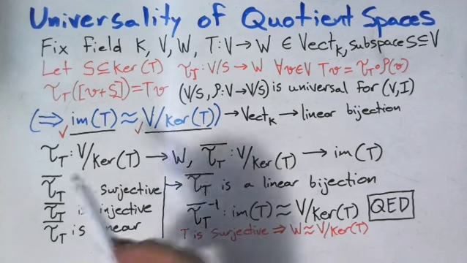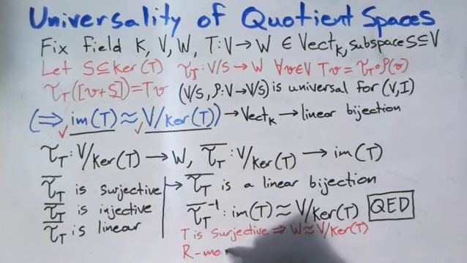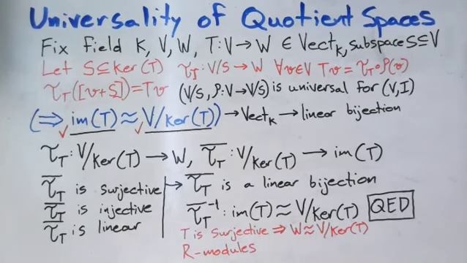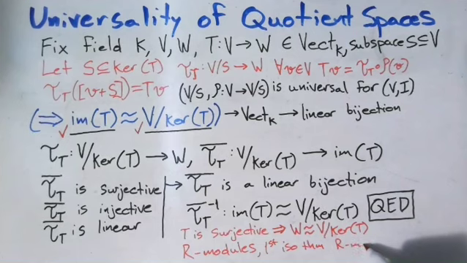And so this whole discussion actually applies equally as well to R modules, the universality of the quotient module, and the first isomorphism theorem for R modules. So that's a nice generalization that we get for free by proving it based on vector spaces.